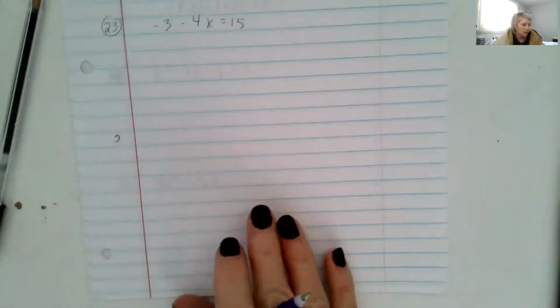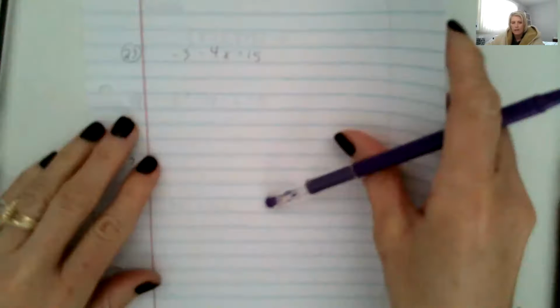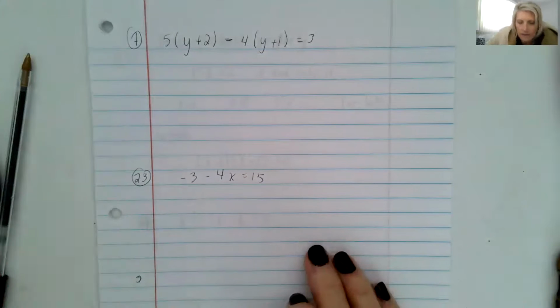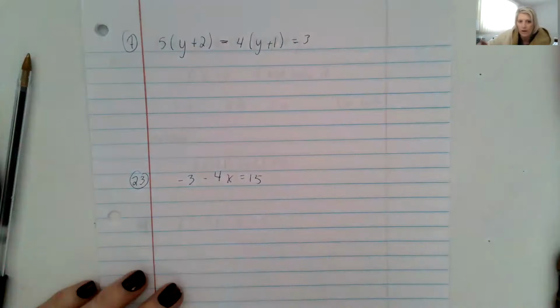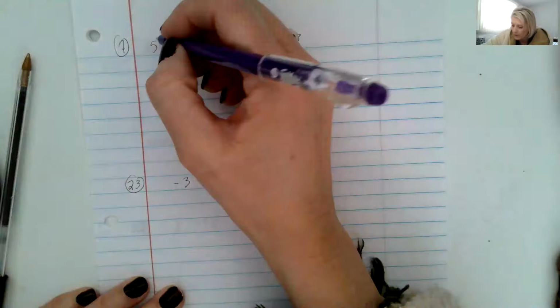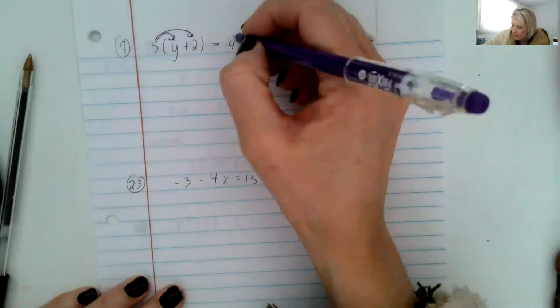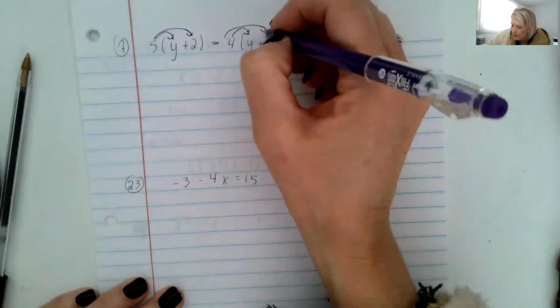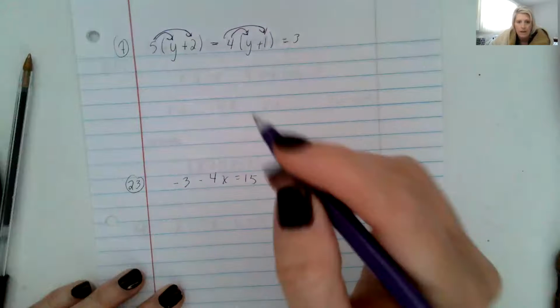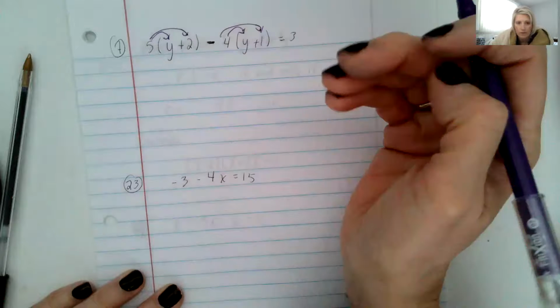Okay. So number 7 is the next one I wanted to look at. It's a good one to look at because we have some parentheses that we should simplify with our distributive property first before we start trying to solve for y. And this is a subtraction. So this is all on the left-hand side of the equation.